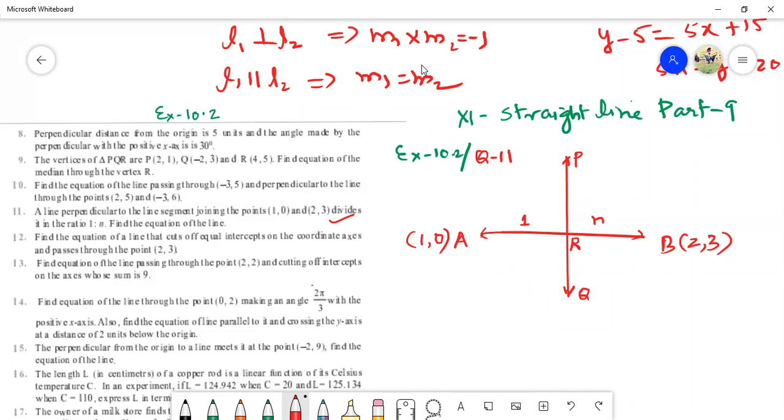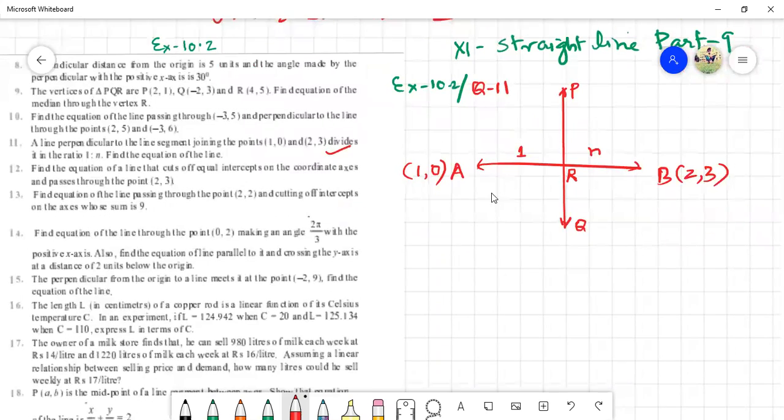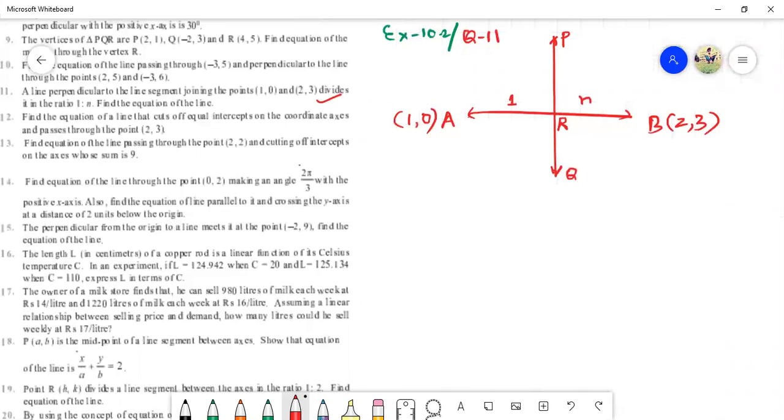So you know that this is perpendicular. First of all, we will find the coordinates of the point R by the section formula. Section formula we did in class 10 also. So find the coordinates of R first. By which formula?